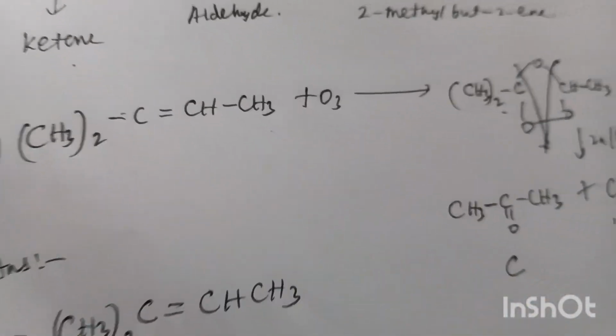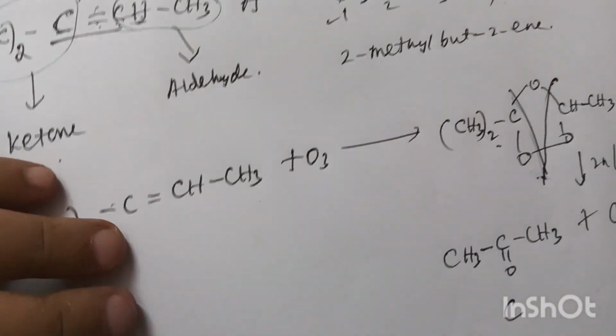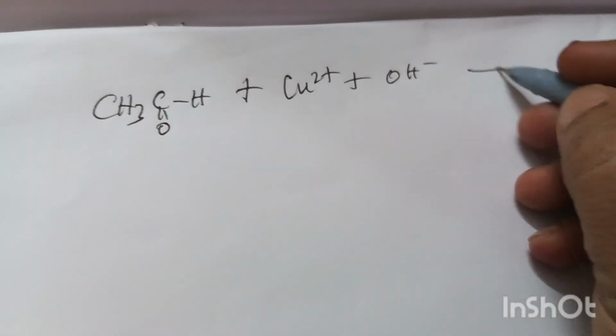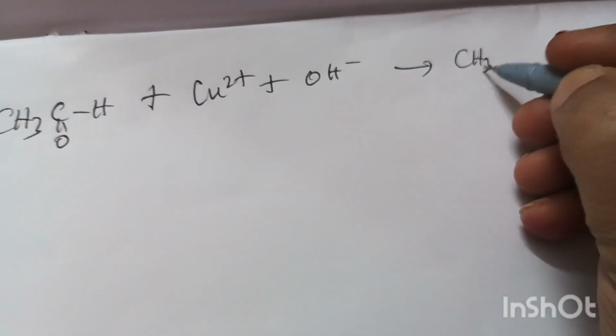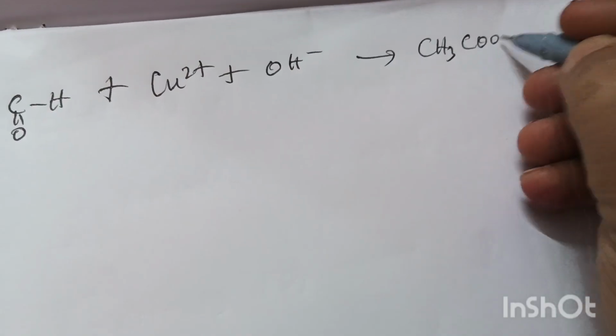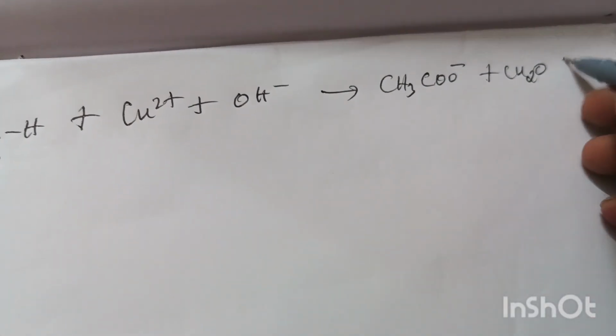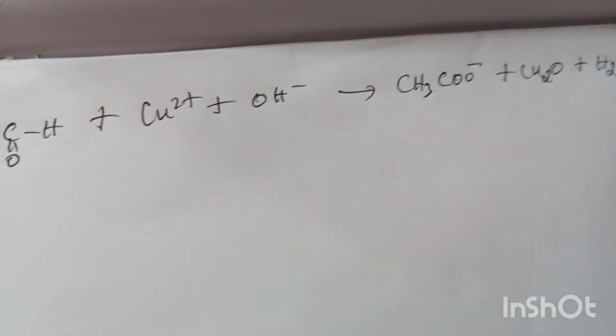First, the ozonolysis reaction is completed. Now the next one is Fehling's test with B. Compound B, CH3 C double bond OH, is an aldehyde. In Fehling's test there should be Cu2+ and OH minus. The aldehyde is oxidized, so CH3 COO minus plus Cu forms Cu2O, a red precipitate, along with water.